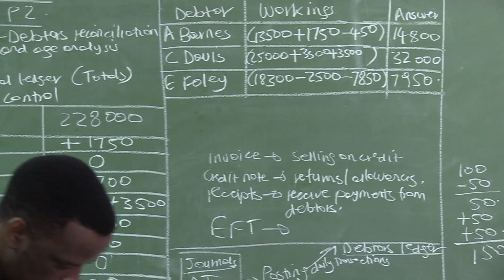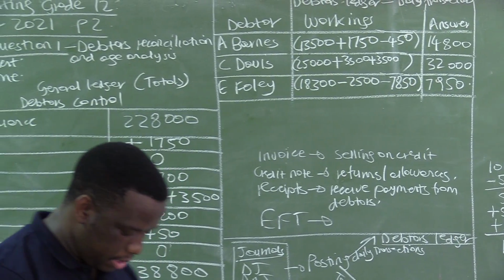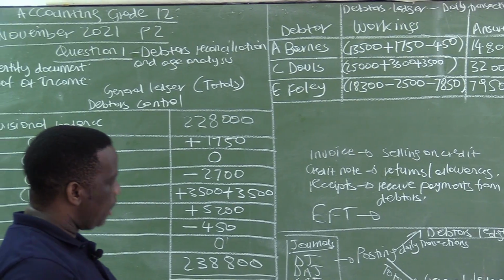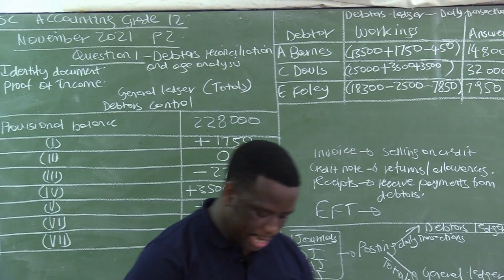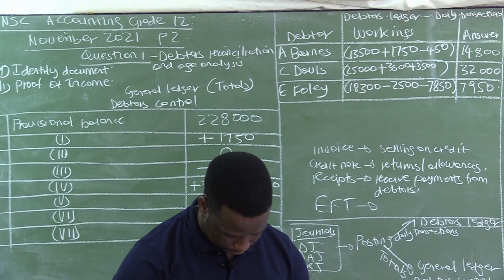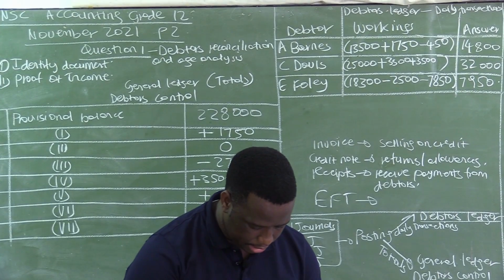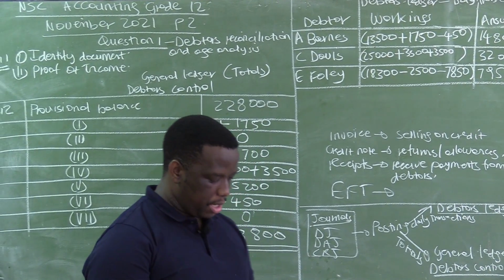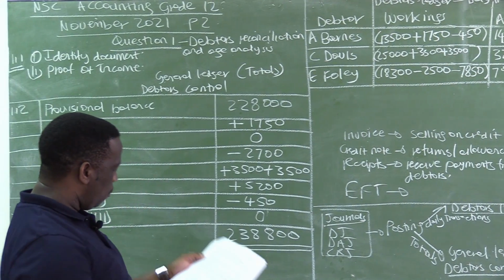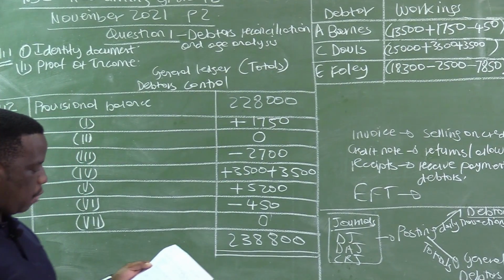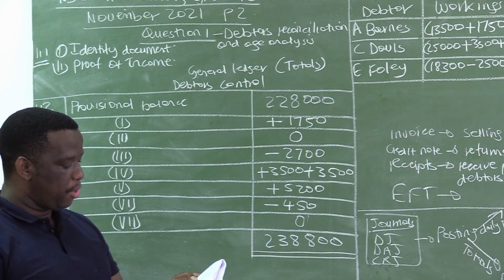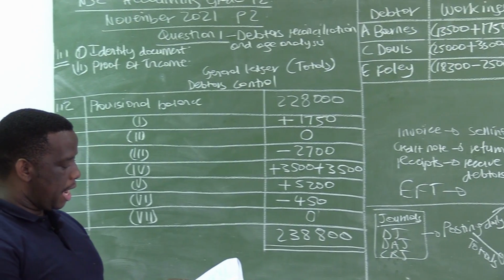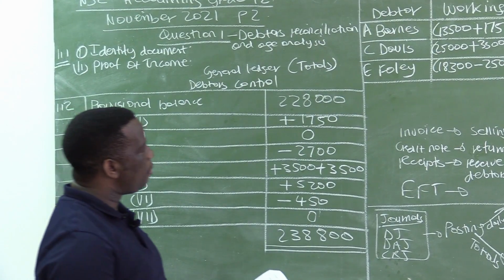So we have done our calculations. Now we are proceeding to the age analysis. If you go back to your question paper, we are done with question 1.1 and question 1.2. So we now want to do question 1.3.